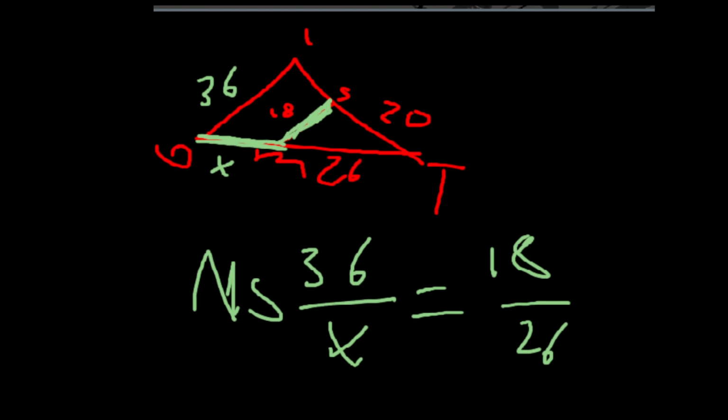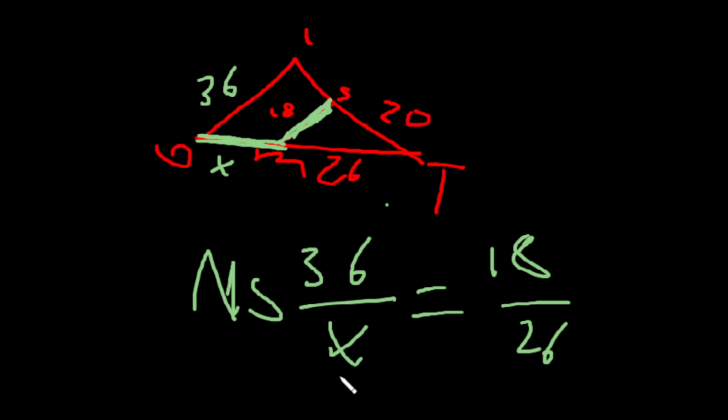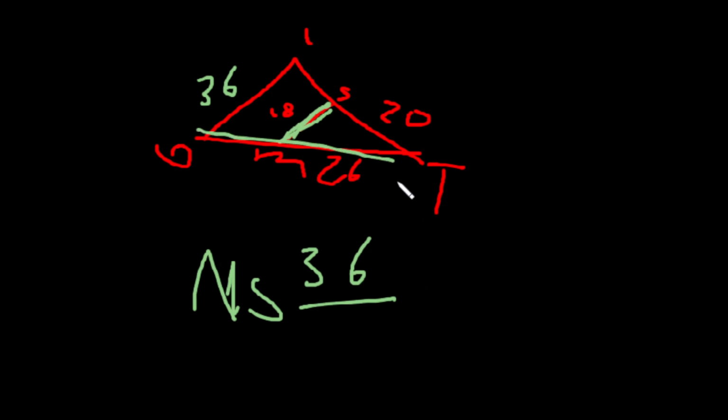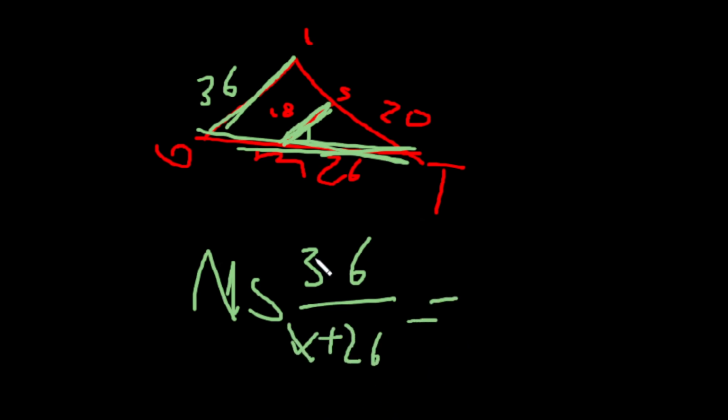Since x is this whole thing, the ratio of this whole thing to this thing, I have to do x plus 26 equals 18 over 26.